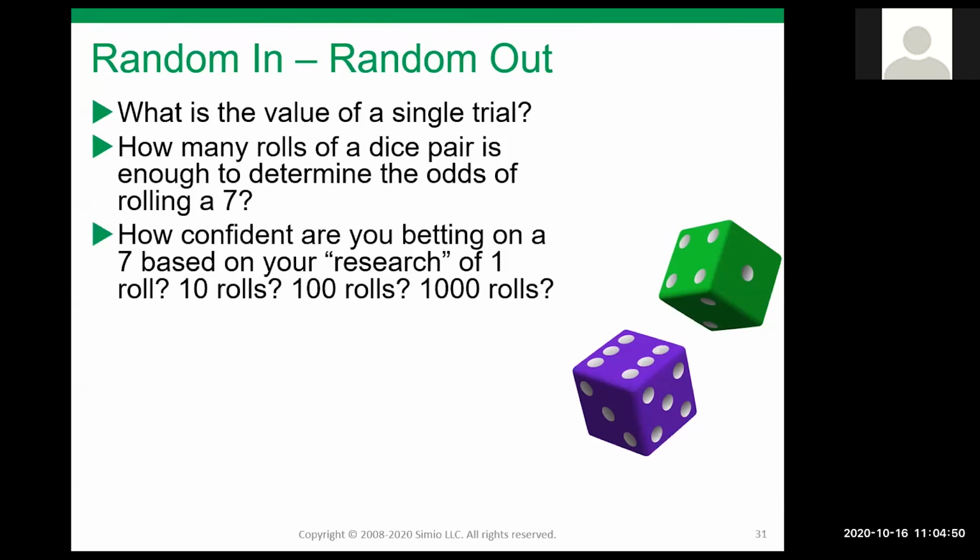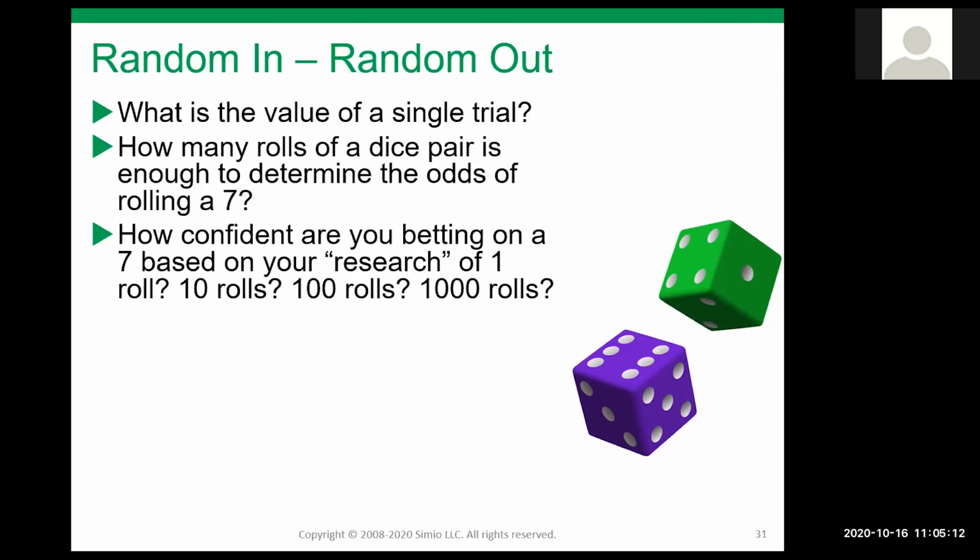Well, I'm guessing not, based on research of 1. What if I rolled my dice 10 times and got a 7 9 out of 10 times? That gives me more confidence. Not really high confidence enough to bet my life savings.